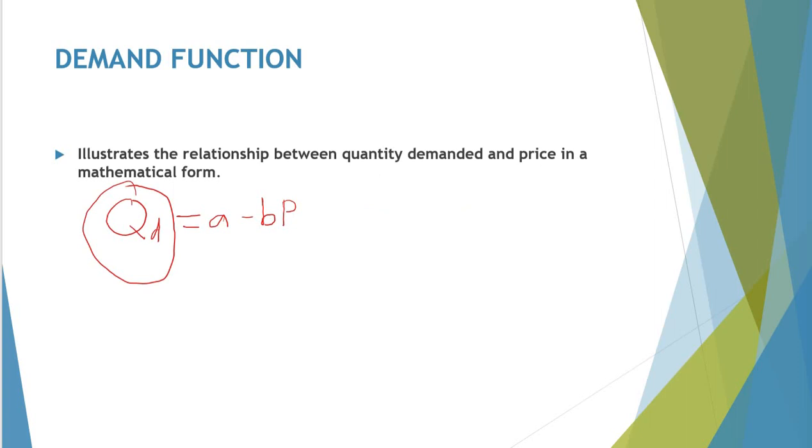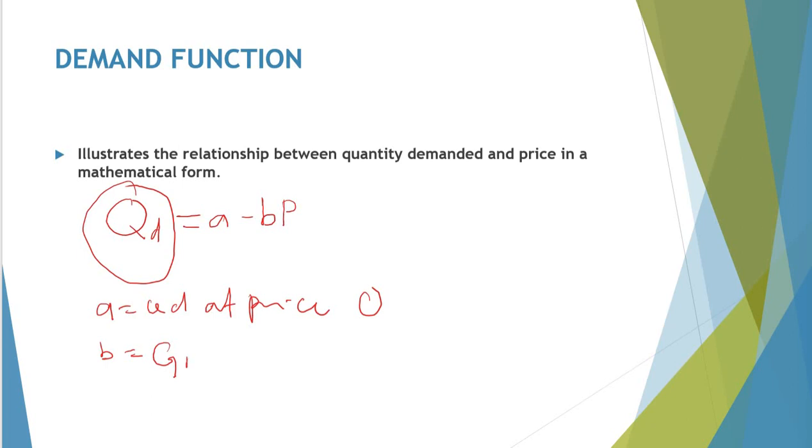So A is the quantity of the demanded good when the price is at 0. A is QD at price 0. Okay. So B is the gradient.